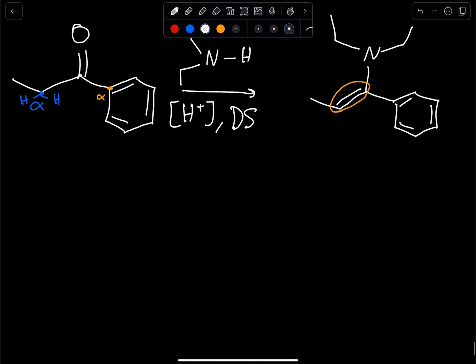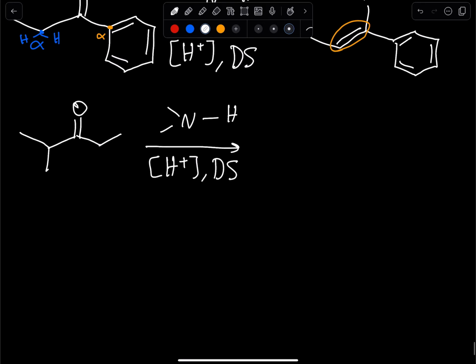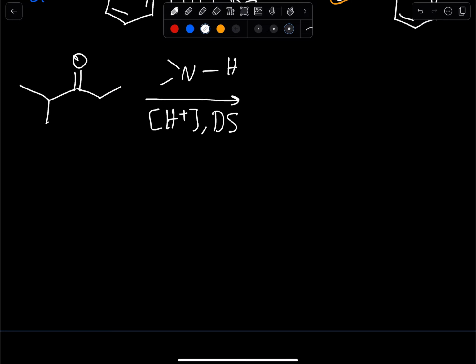But let's talk about an example where both of them do have alpha carbons. So let's do one where we have this and we have this, and we react it with a simple amine. So try to predict the products of this one, and try and determine which product is minor and which one is major.